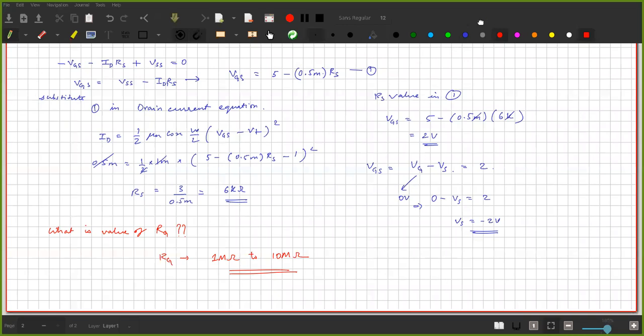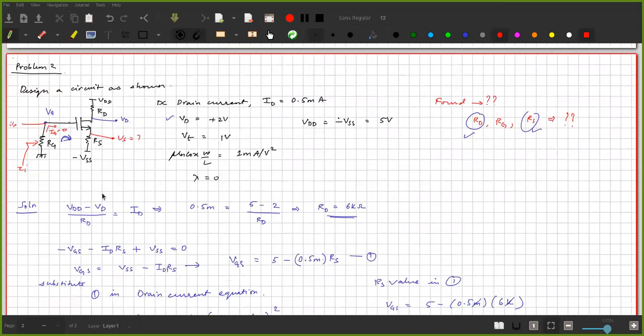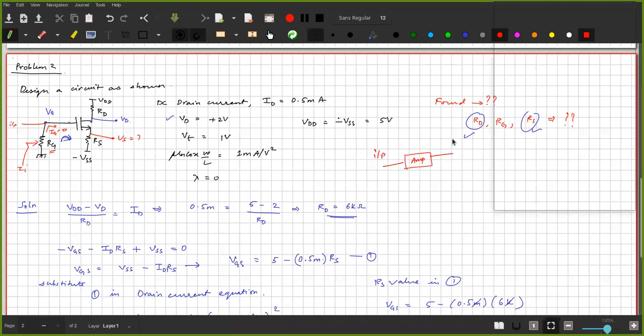Okay, RG, I should explain again. See, this RG value which you see here, there is no current flowing through RG. When you have an amplifier, here you have the input and you have the output.